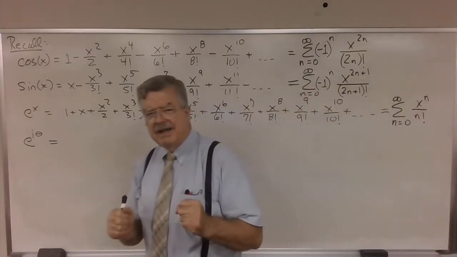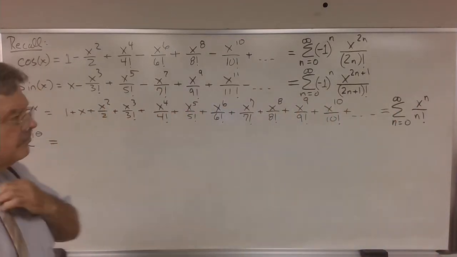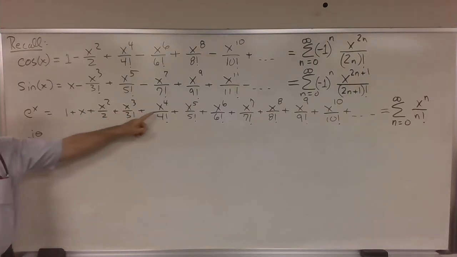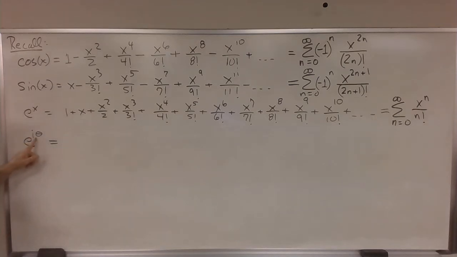Now, let's try something. Let's let x equal i times theta. For x, we're going to plug in i times theta. And what that means is, every place over here where we see an x, we're going to put i times theta.